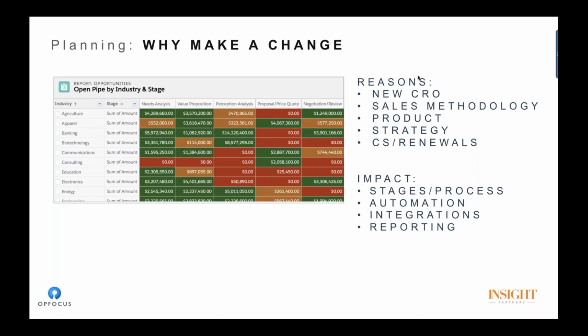Also, it's important to think of the impact on reporting. And then specifically with report filters, how information is displayed. Also, if you use filters on the opportunity tab for list views, there may be an impact to that. So we see the impact in a number of places when making these changes.